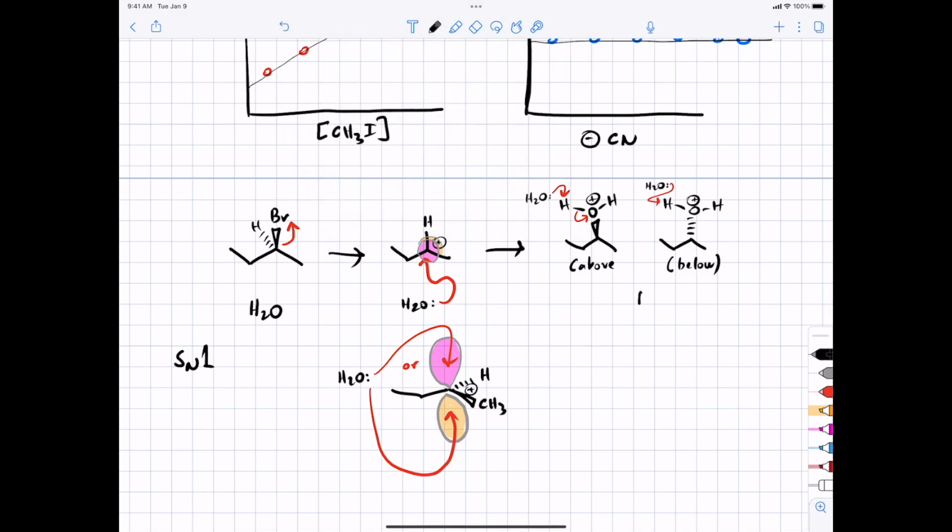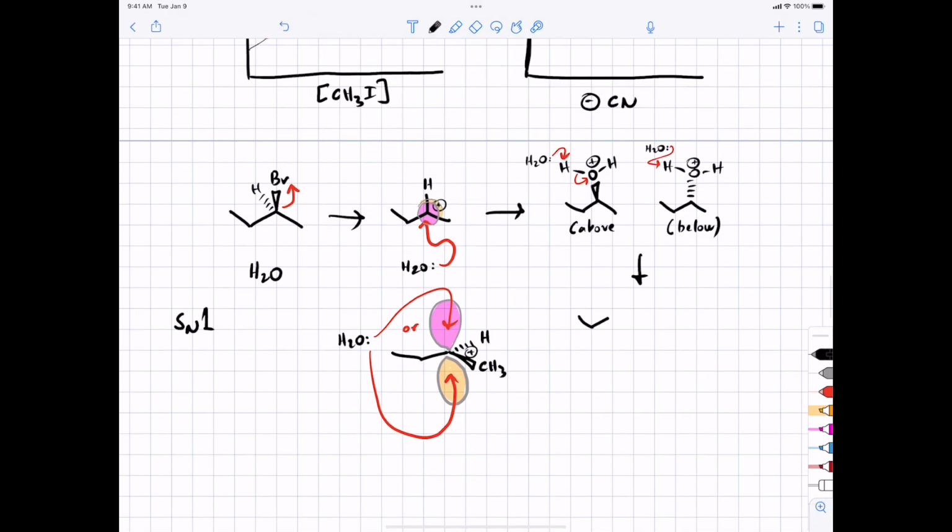So you'd predict a fairly reasonable equilibrium constant for removing the proton from our alcohol to get H3O+. And you would predict, because we've got so much water here, that this is easy to get as products. So if I were asked for products, I would need to draw two of these. I would need to draw both enantiomers as products of this reaction.